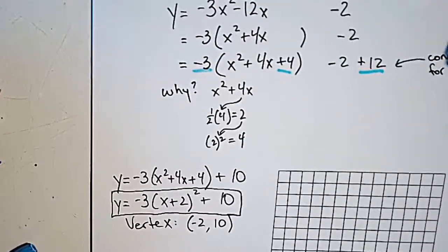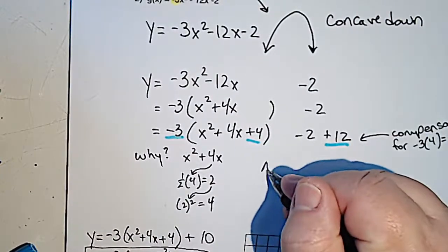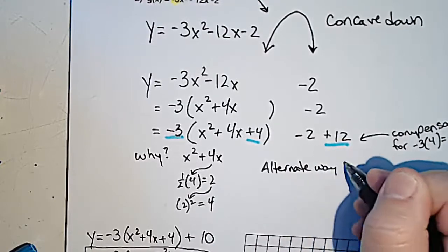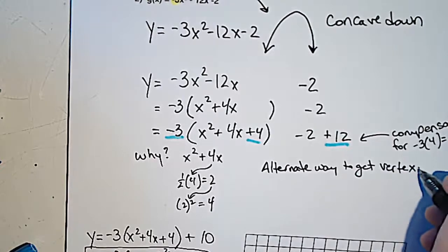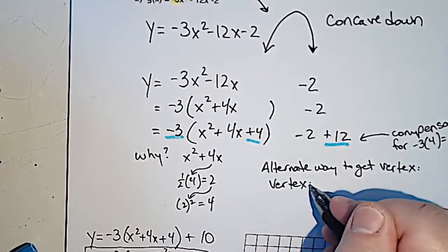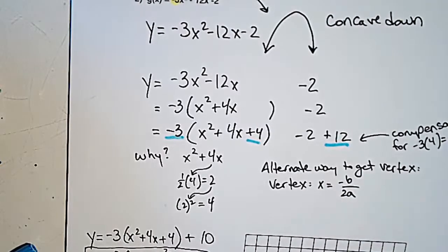I'm going to take a little bit of space right here. Alternate way to get vertex. The vertex, the x coordinate, is the opposite of b over 2a, which you will recognize as being the first part of the quadratic formula.